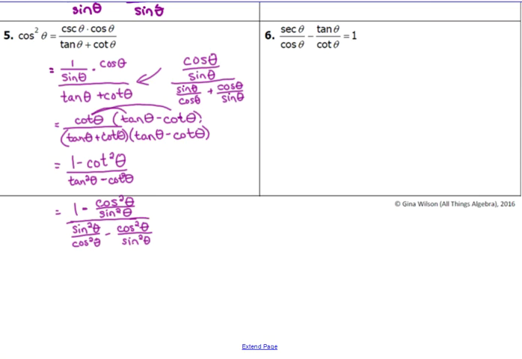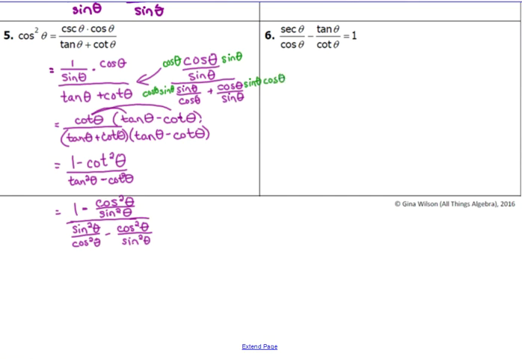Okay, remember how we handled complex fractions? We multiplied, let me use a different color, by the denominators, right? So we've got sine of theta, so we multiply everything by sine of theta. We also had a denominator that was cosine of theta, so we multiply everything by cosine. Remember doing this?